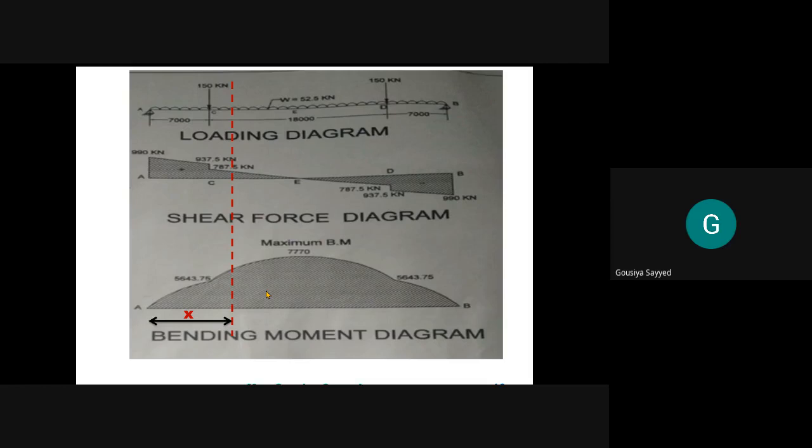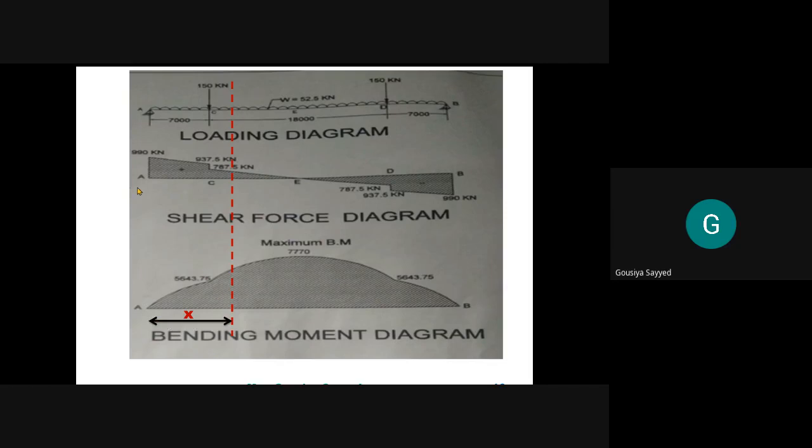So what do we mean by curtailment of flange plate? Curtailment of flange plate is nothing but reduction in the thickness of the flange plate in proportion to the moment along the span. For that, we take a section X from point A and find the bending moment about this point, Mx.